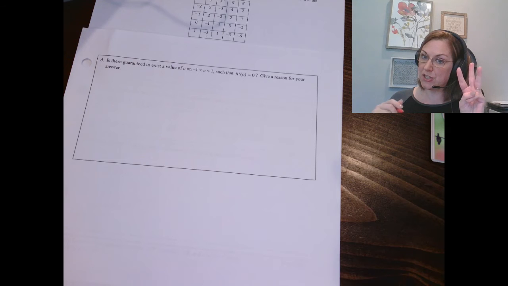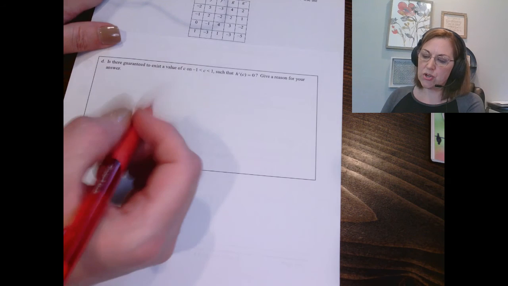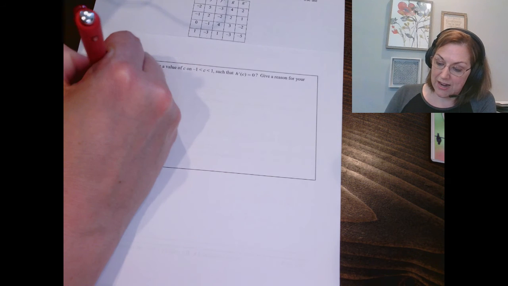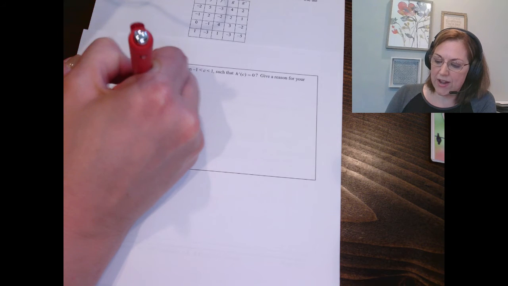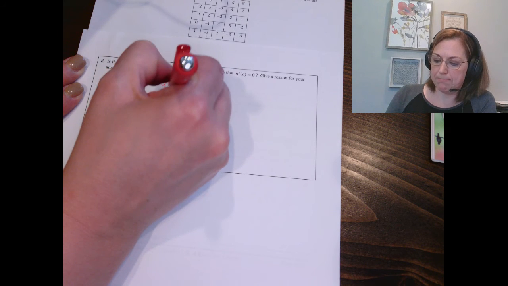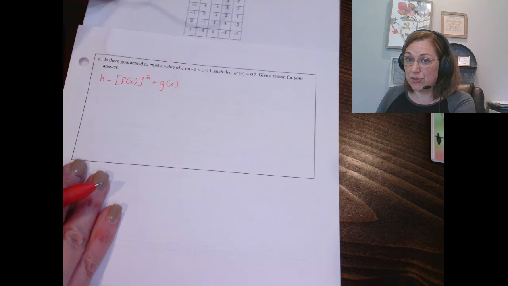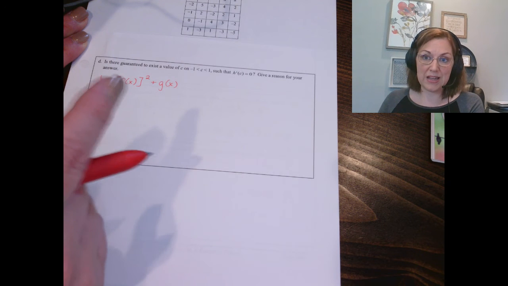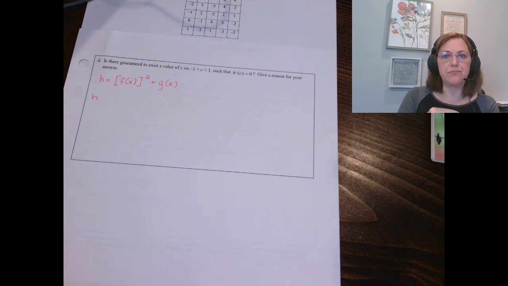The third condition of Rolle's theorem is that the endpoints are equal. So what I'm looking for is a place on h of x, where h of x is still defined as f of x squared plus g of x, where I could get two different values of x that end up with the same value. So I need to try those and see what works.